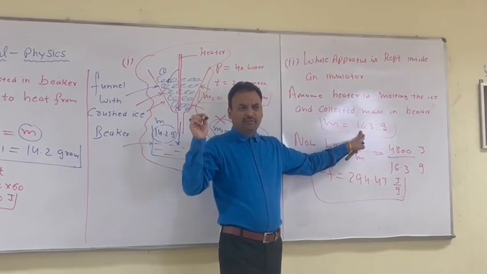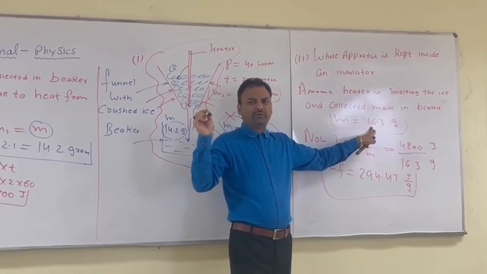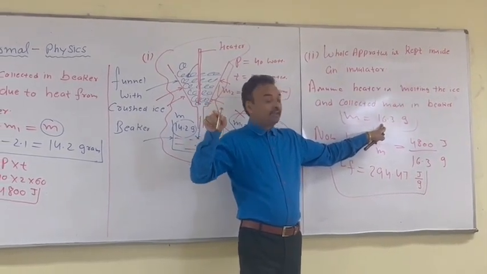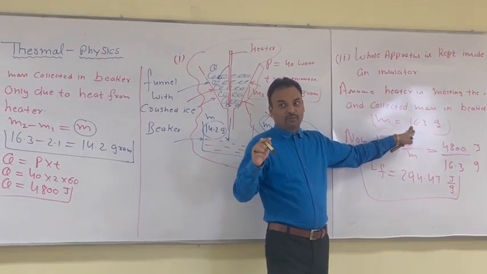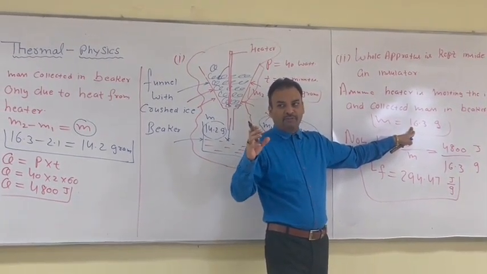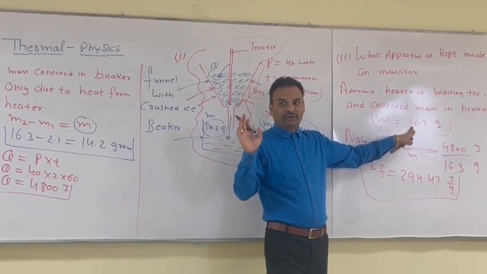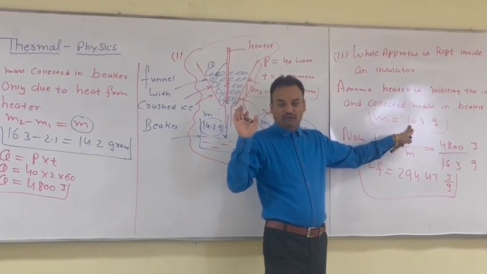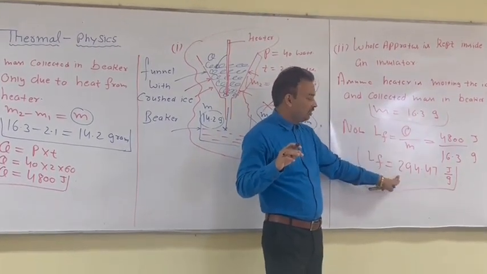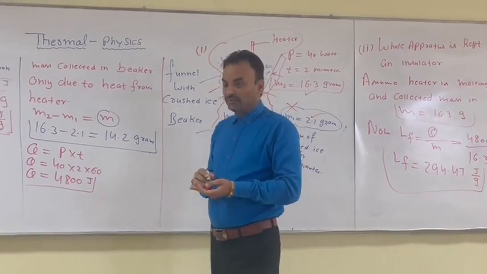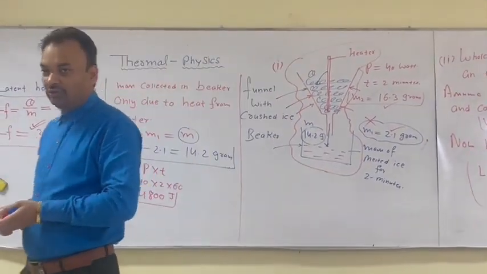Understanding my point? Because that 16.3 gram was due to heater plus surrounding, but here I assume again 16.3. Actually it will be less than 16.3 gram because we are cancelling the effect of the surrounding, but I assume the same. So as per my assumptions, the latent heat of fusion is different in this case.